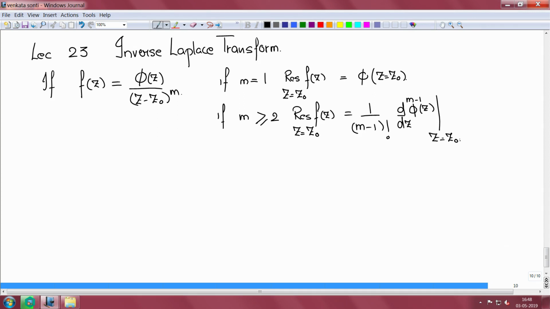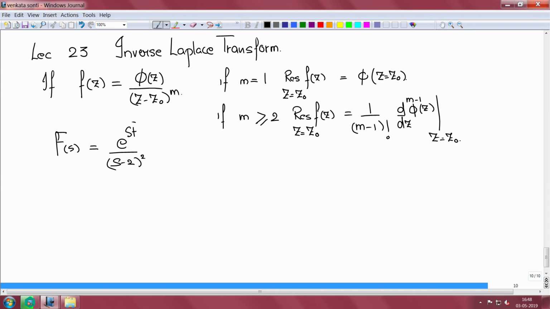So, in our Laplace transform example, my f of s was given by e to the power st by s minus 2 whole squared.